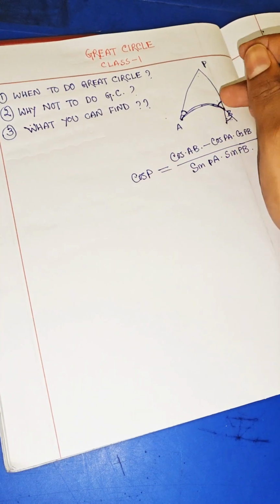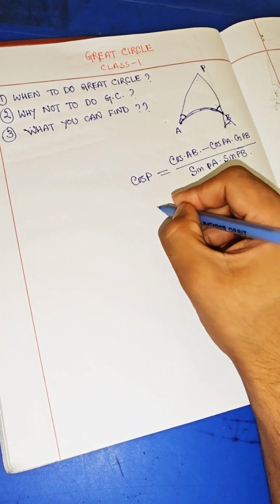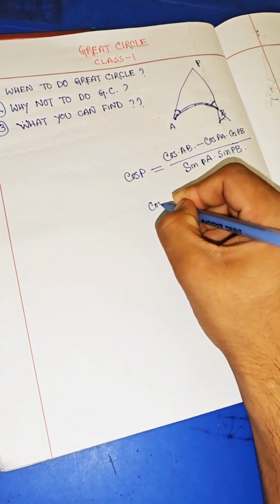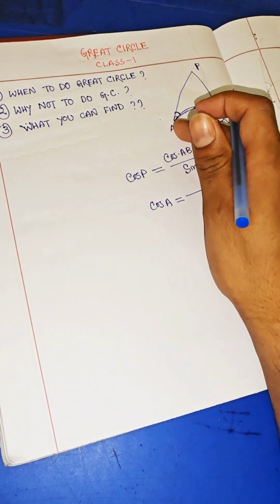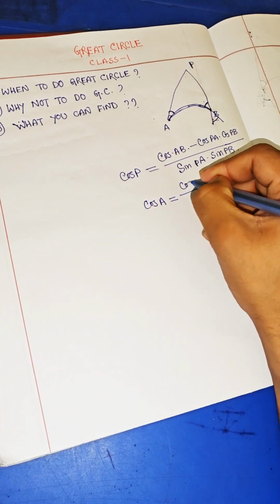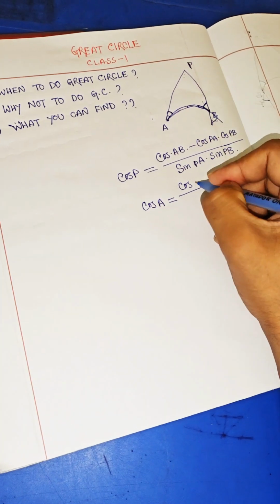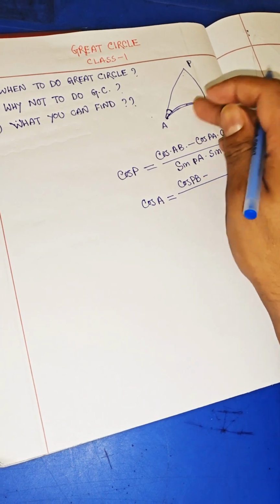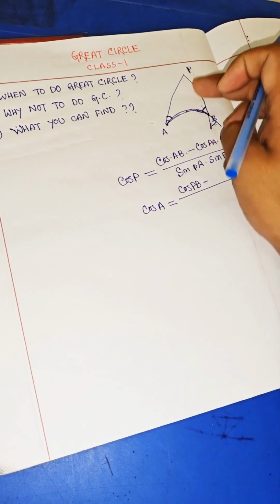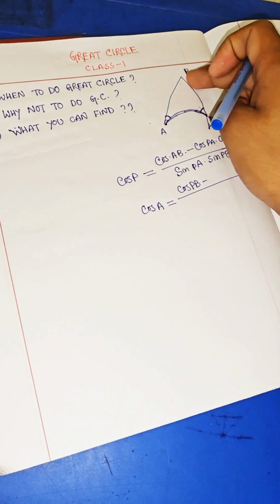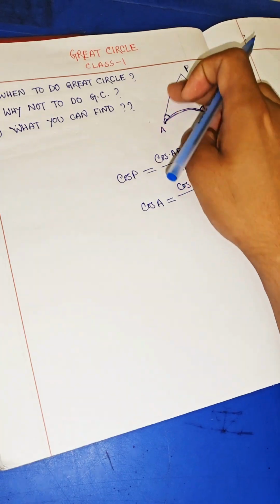Same way you can also make it for A. Cos A is equal to cos PB, the opposite side, minus cos of adjacent side.